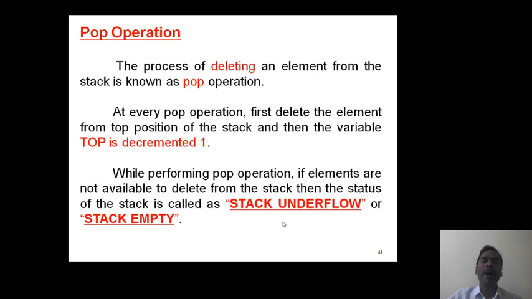While performing pop operation, if elements are not available for further deletion, then the status of the stack is referred to as stack underflow or stack empty. That means to implement pop operation, first we check whether the stack is underflow or not.